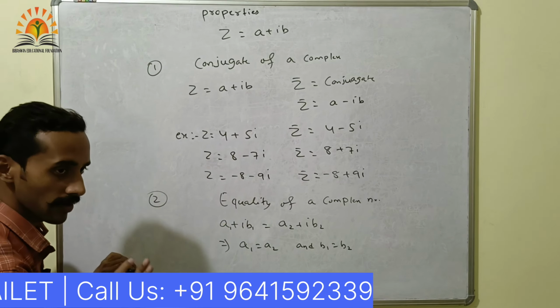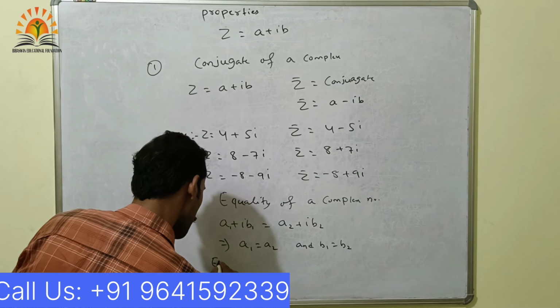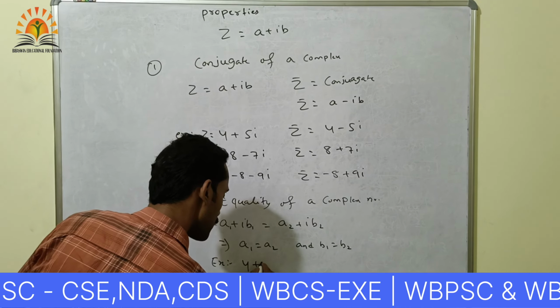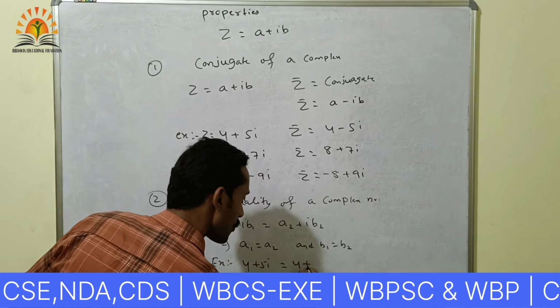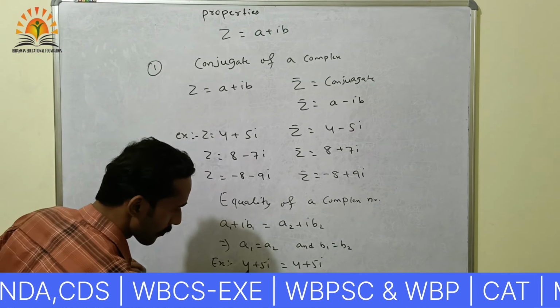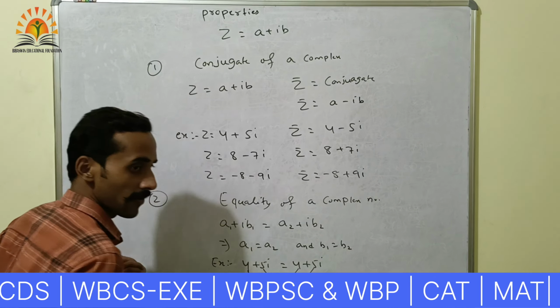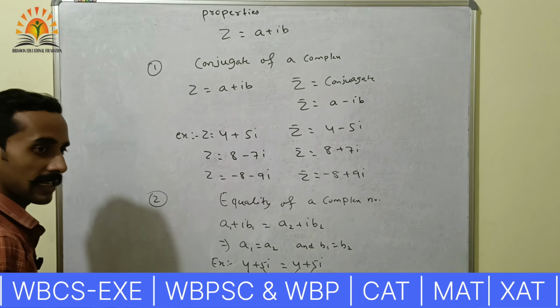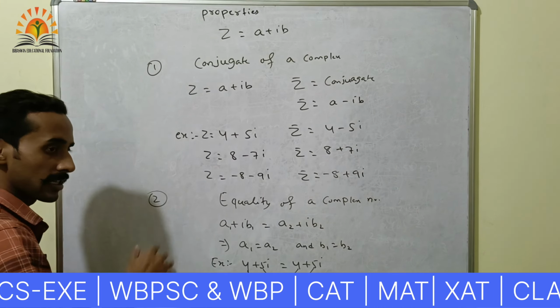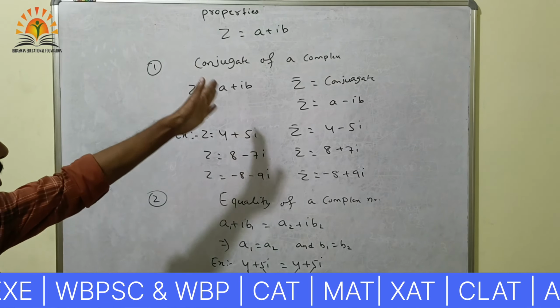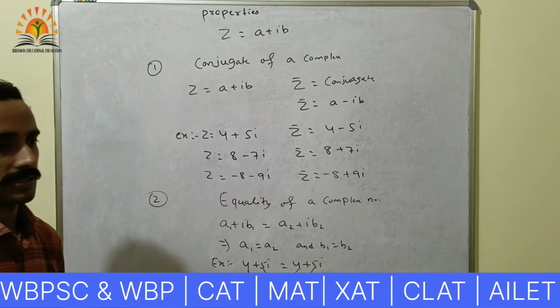Only then can they be equal. For example, 4 plus 5 iota is equal to 4 plus 5 iota. Here 4 is equal to 4, 5 is equal to 5. They should be equal, otherwise they are not equal. Understood? Two properties: conjugate of a complex number, equality of a complex number.